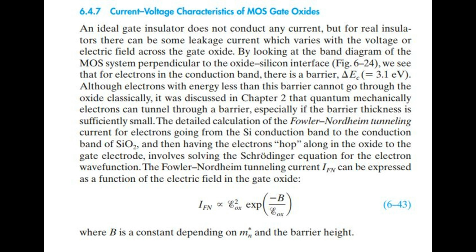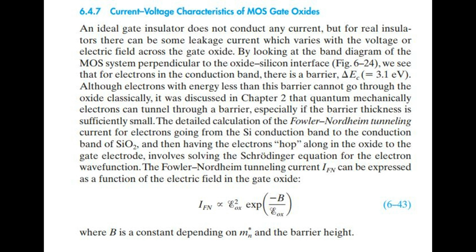The detailed calculation of the Fowler-Nordheim tunneling current for electrons going from the silicon conduction band to the conduction band of silicon dioxide, and then having the electrons hop along in the oxide to the gate electrode, involves solving the Schrödinger equation for the electron wave function.